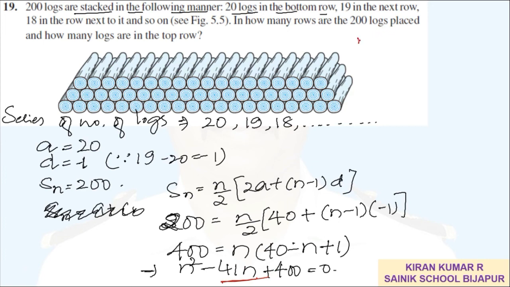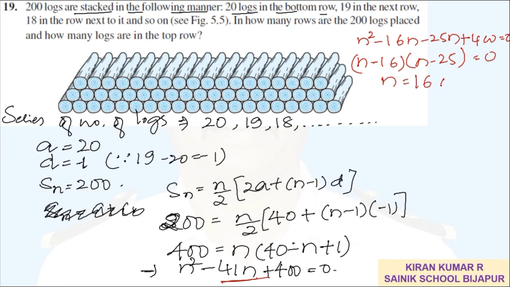So I will write this as n square minus 16n minus 25n plus 400 equal to 0. So n minus 16 multiplied by n minus 25 will be the product of the factors. So n will be 16 or 25.